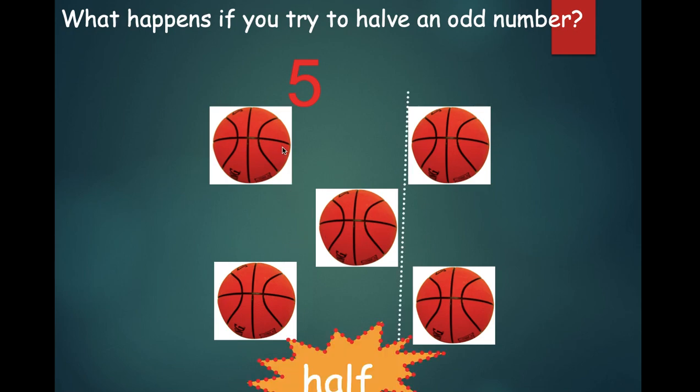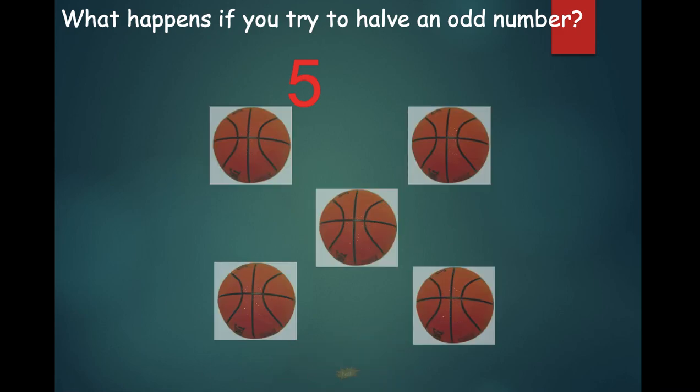So I got 3 on this side, 1, 2, 3, and 2 on this side. So I could not divide them equally. If I have to divide, then I have to cut the object. But I prefer to divide them without cutting the object, so I can't divide them equally. So 3 this side and 2 that side.